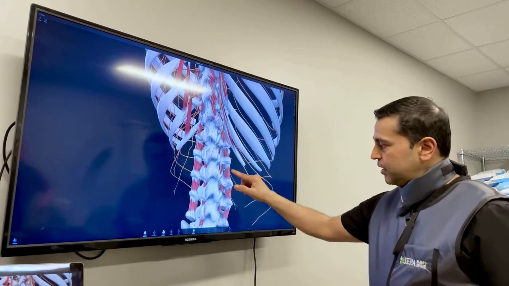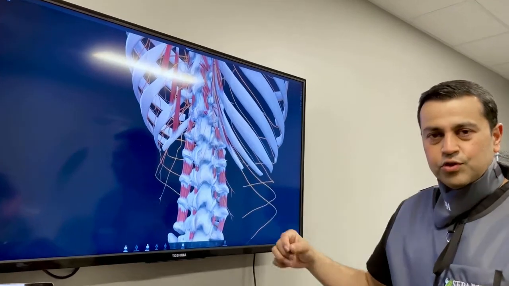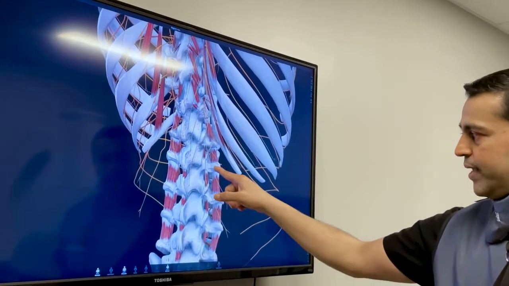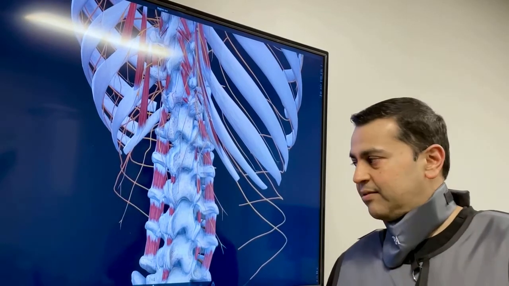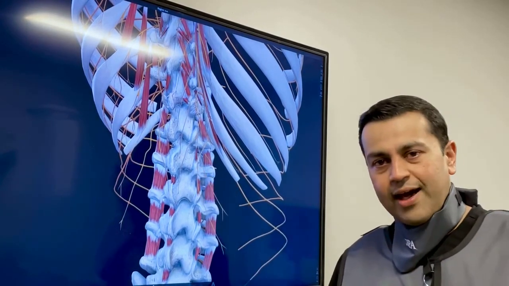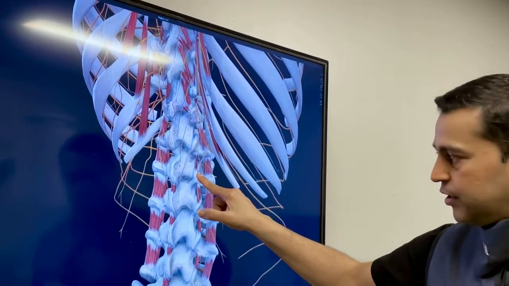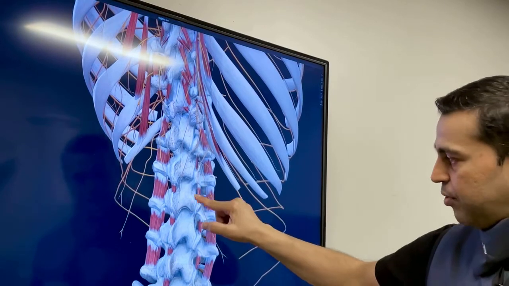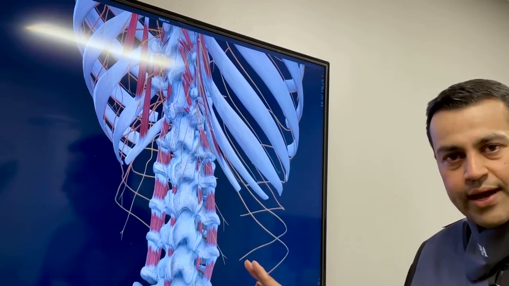The rhizotomy is where we actually ablate this nerve. Ablate means to heat the nerve. So we actually heat this nerve to 90 degrees centigrade and for 90 seconds, and basically putting this nerve out of commission. So now by putting this nerve out of commission, you're taking the pain impulses that are generated from this facet joint, you're taking those out.